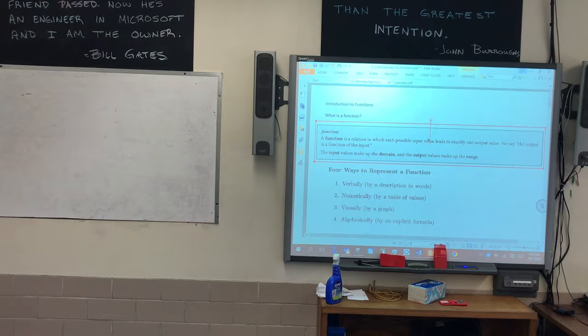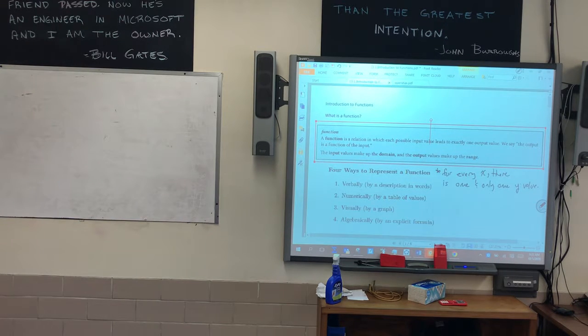Sometimes you might see a phrase that says something of the nature, for every x value, there is one and only one y value. That's another way of stating what we're talking about for a function.